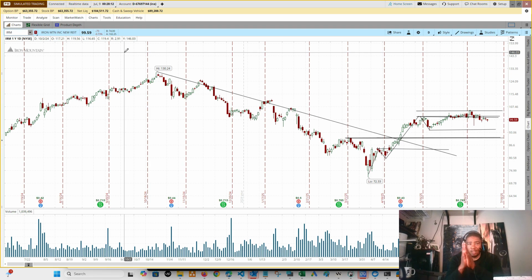So call is bullish, put is bearish, right? But let's say you're in between, you know it's bullish, you know that there's a place where it's not going to go down below, but you're not sure it's going to go through the roof. You're bullish, but not exactly bullish. Then you sell a put.